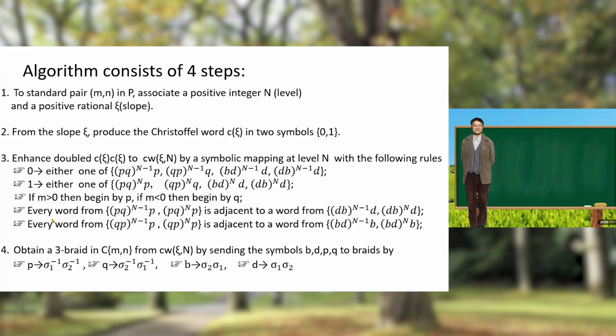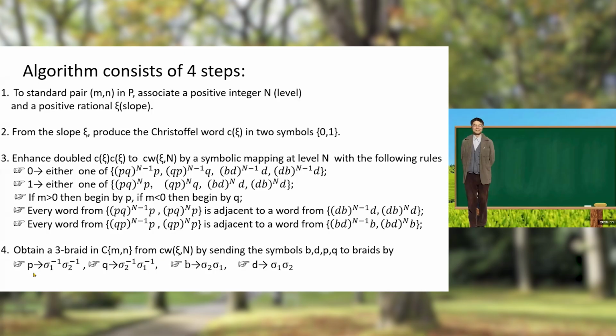Then every word from the PQ sequence should be adjacent to a word of the DB symbols, and the QP symbols have to be adjacent. This is the algorithm for how to associate BDPQ tadpole symbols from m and n.